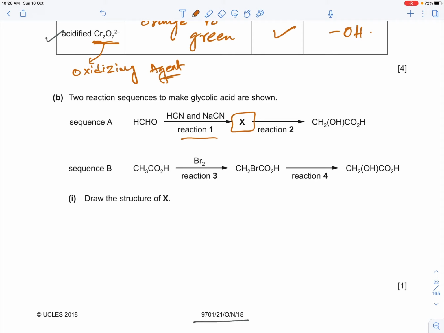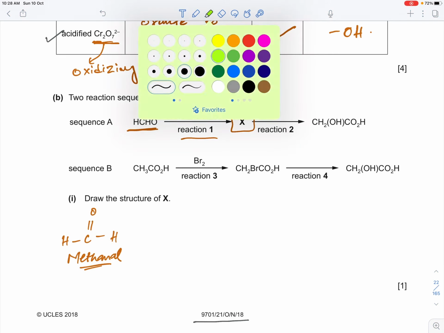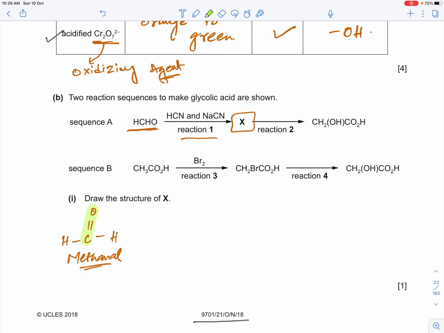So we have HCHO, that means this is an aldehyde with one carbon atom, H, C double bond O, H. This is methanal. All those organic compounds which have the C double bond O group present are aldehydes.